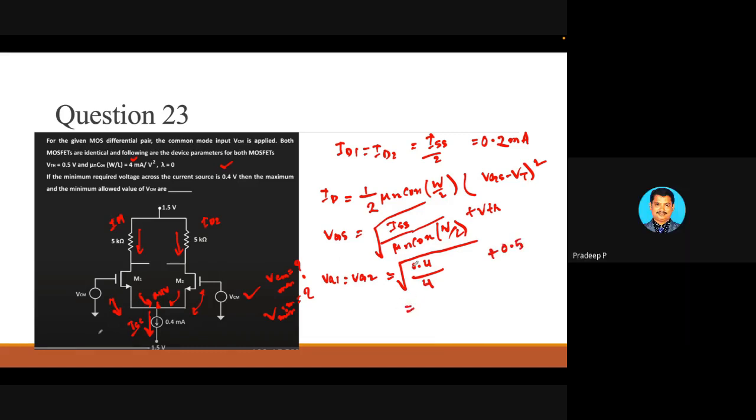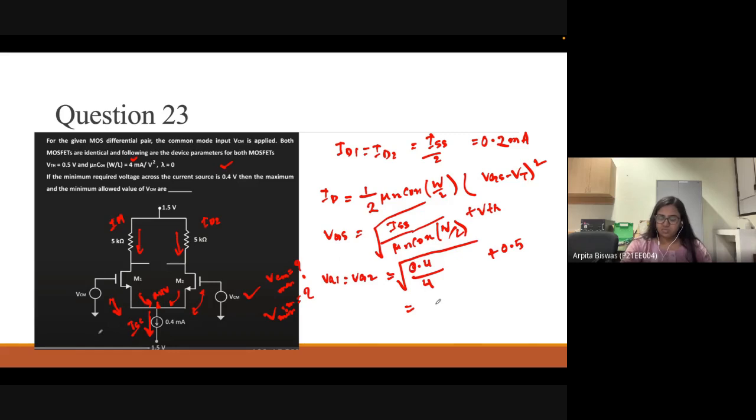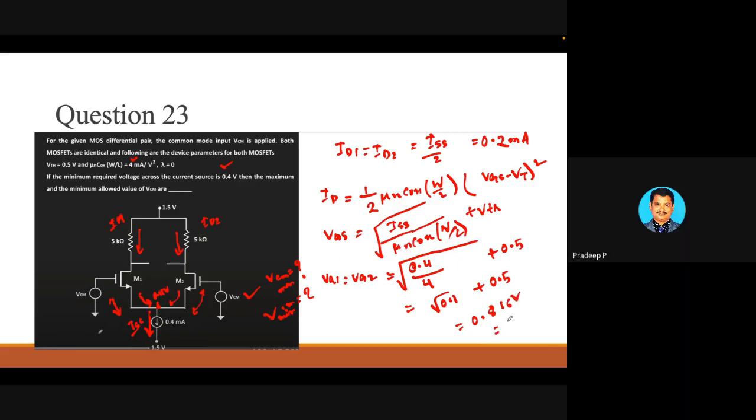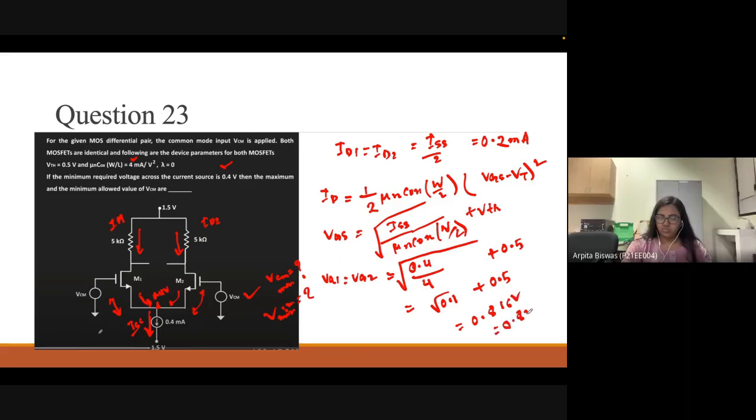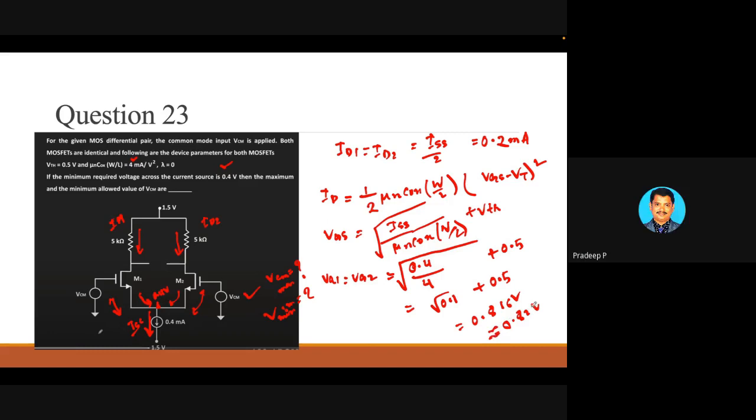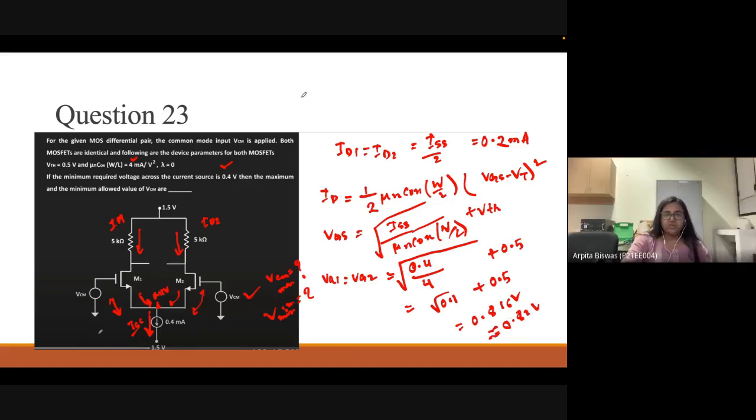So from this side, root over 0.1 comes out as 0.316, and adding VTH 0.5, what is the value? 0.816 volt, or we can take 0.82. Correct.